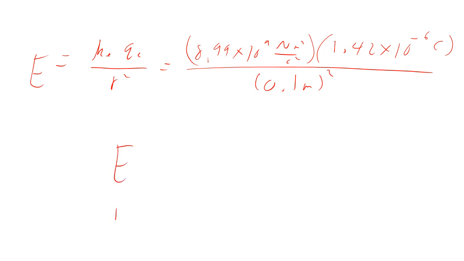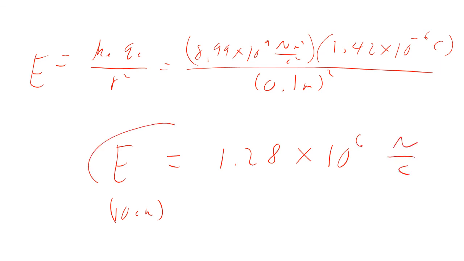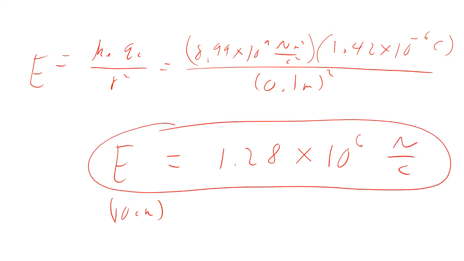So the electric field at 10 centimeters is going to be equal to 1.28 times 10 to the 6 newtons per coulomb. Okay, so there is how you do that problem of a conducting sphere embedded inside a conducting spherical shell.